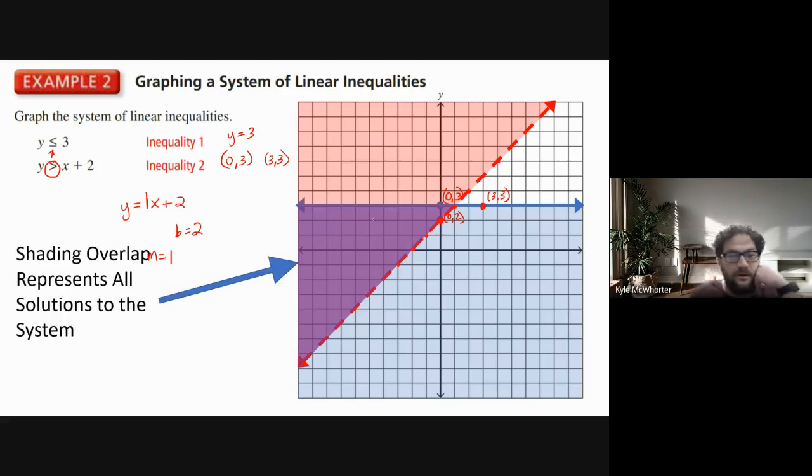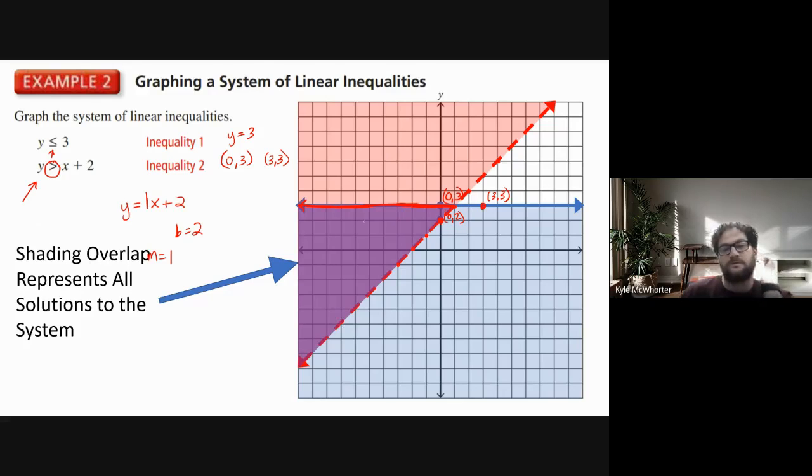That is where the shading overlaps, and that represents all the solutions to the system. Since this part of the line is solid and it's shaded, this part of the solid line includes solutions to the system, and then all the shaded area. But the dashed red line down here, those would not count as solutions to the system because they're not actually solutions to the red inequality.